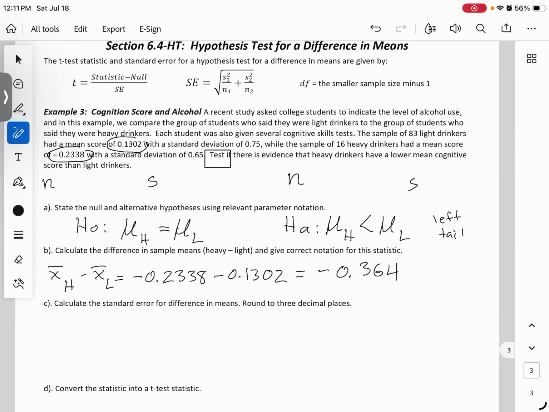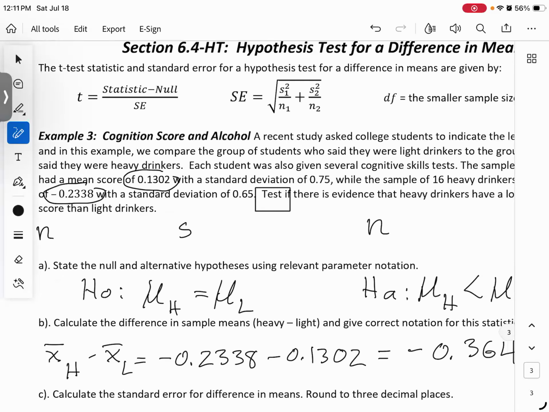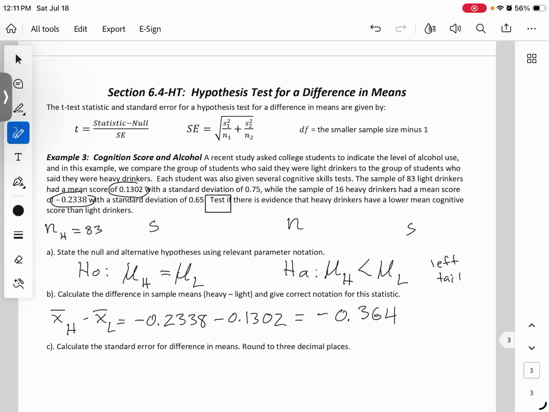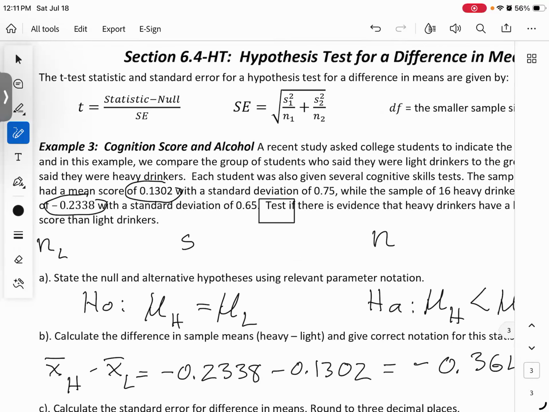And then for the sample sizes, whenever they talked to the heavy drinkers, it came back to say that 83 of them reported being heavy drinkers. And for the light drinkers, excuse me, that was your light. Yeah, this was light drinkers.